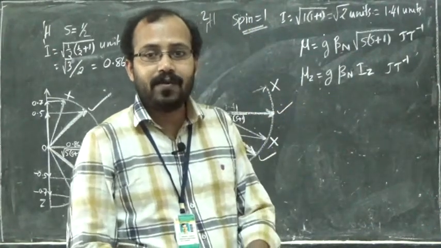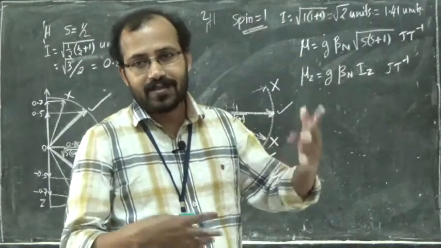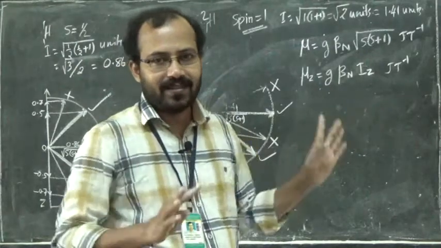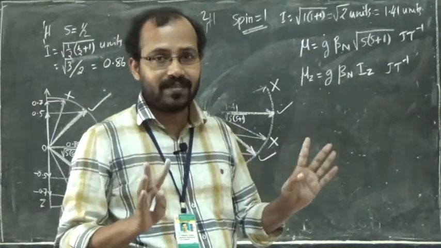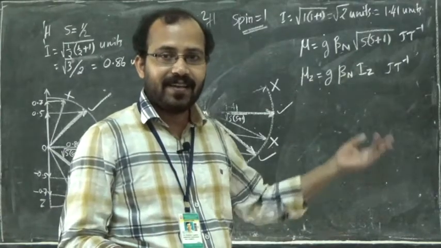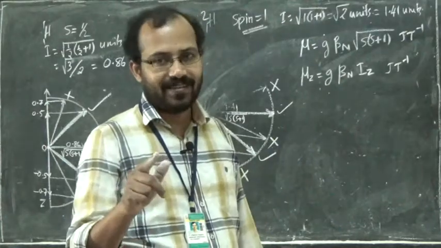If G or beta n were negative, it would be reversed. For example, if G is negative, as in rare cases of certain nuclei, then Iz and mu Z will have opposite signs.